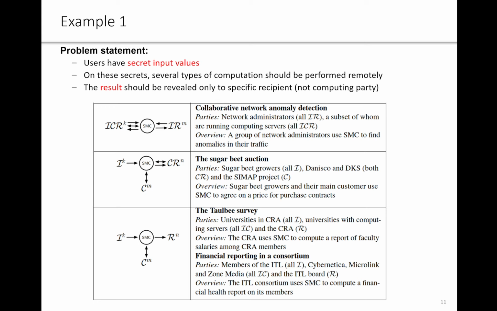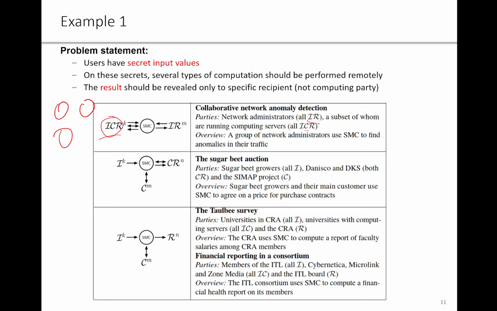What is also used is collective network anomaly detection. So basically there are various network providers, they provide data, they want to get the result, and some of them are running compute servers. So we have various companies here who provide network logging data.